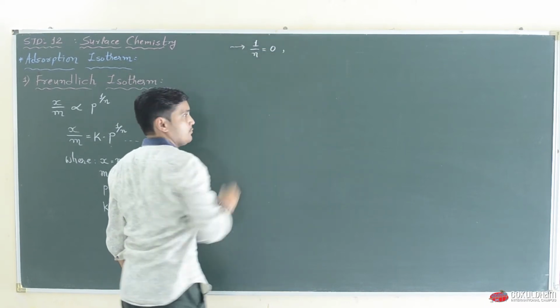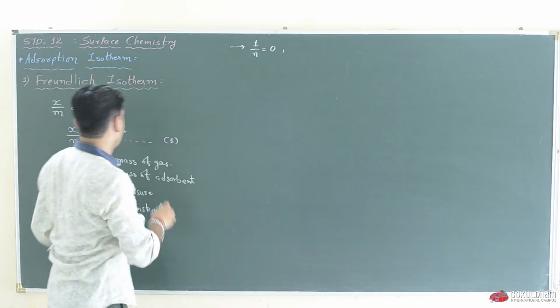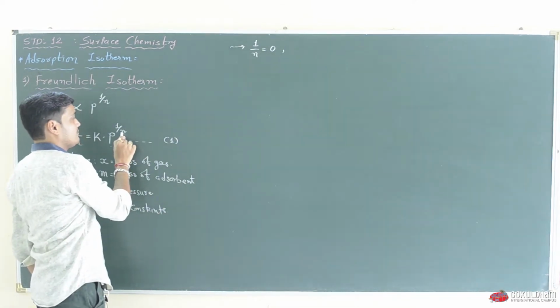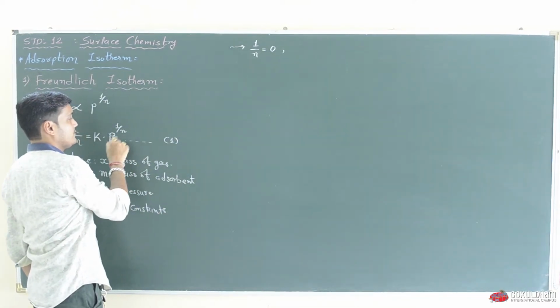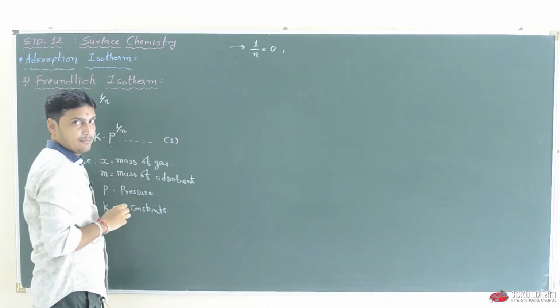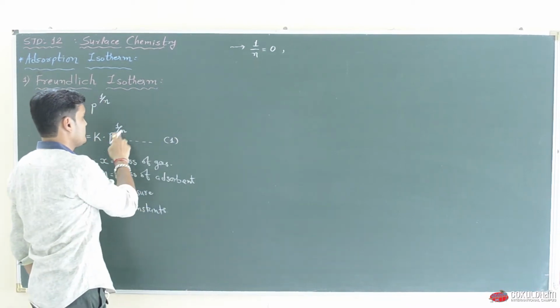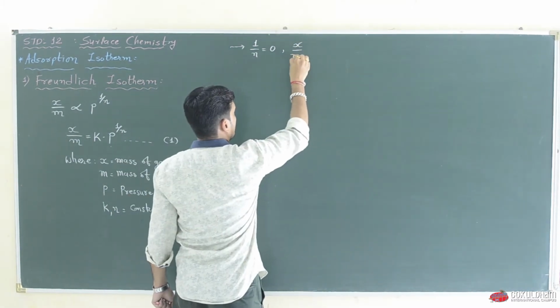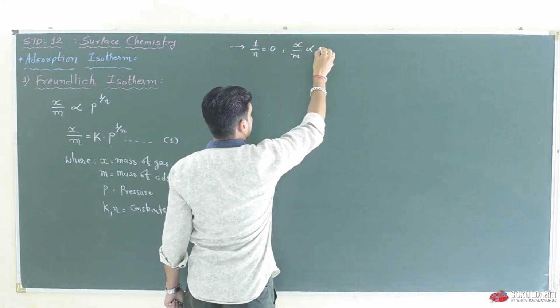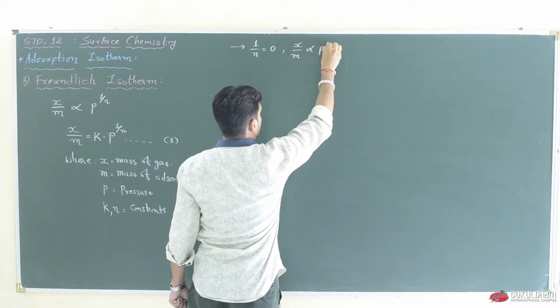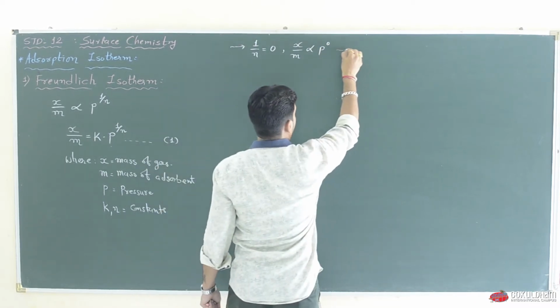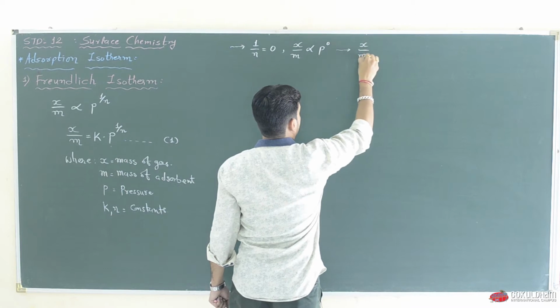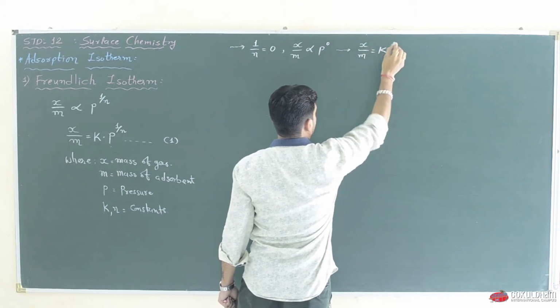Then p raised to 0 becomes 1, so x by m varies as p raised to 0, and the final equation becomes x by m is equal to k only.